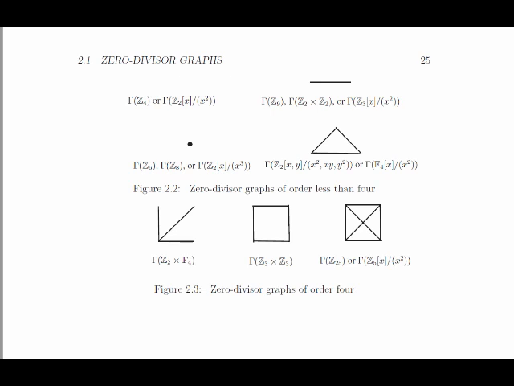But if you give me a specific graph with 4 vertices, then the answer is yes. Like, this is a specific one. We have 4 vertices, 1, 2, 3, 4. This is another one, and this is another one, right? For these, yes, I can give you the rings.